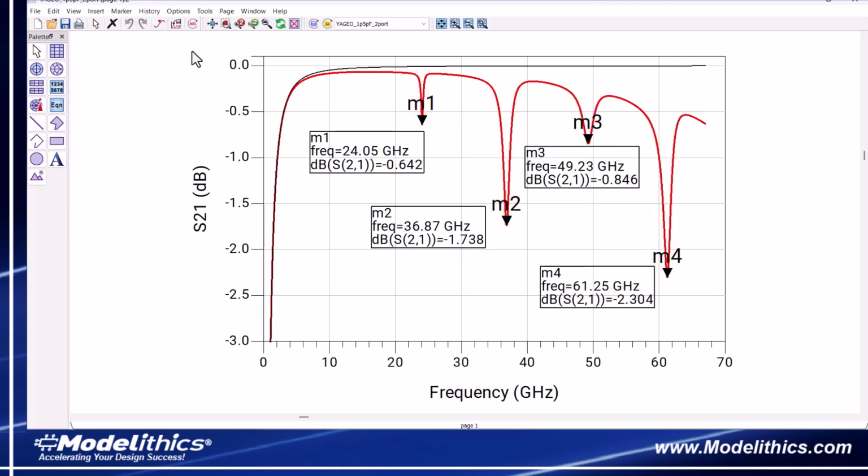These attenuation notches represent the parallel resonant frequencies that appear due to the parallel parasitic elements. In this case, we see the first order parallel resonant frequency at 24.05 GHz, the second order parallel resonant frequency at 36.87 GHz, the third order parallel resonant frequency at 49.23 GHz, and the fourth order parallel resonant frequency at 61.25 GHz.